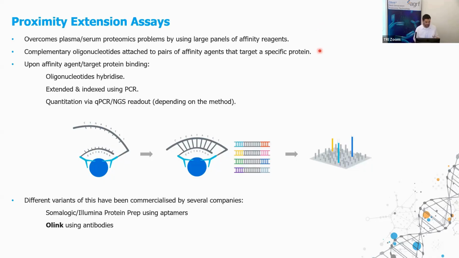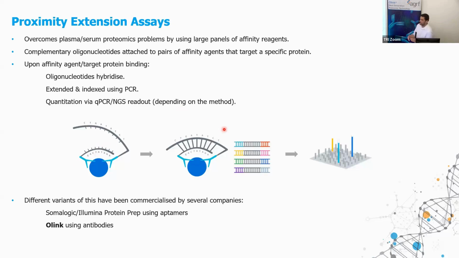The way that it works is that you have complementary oligonucleotides, which are attached to a pair of affinity agents. Depending on the vendor, the affinity agents may change, among other things. But in the instance of Olink, those affinity agents are antibodies. The antibodies bind to the target protein. The oligos are brought in close proximity and hybridize.